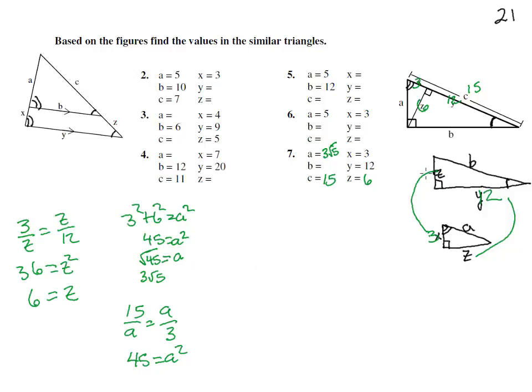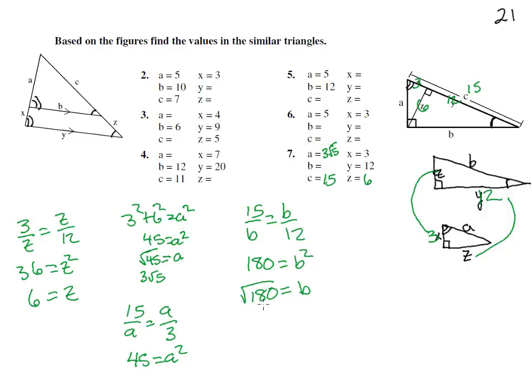All right, b's the only one left. We could do 15 is to b as b is to 12. That's pretty cool. So we get 180 equals b squared. So b equals the square root of 180. Can we simplify that? I hope so.